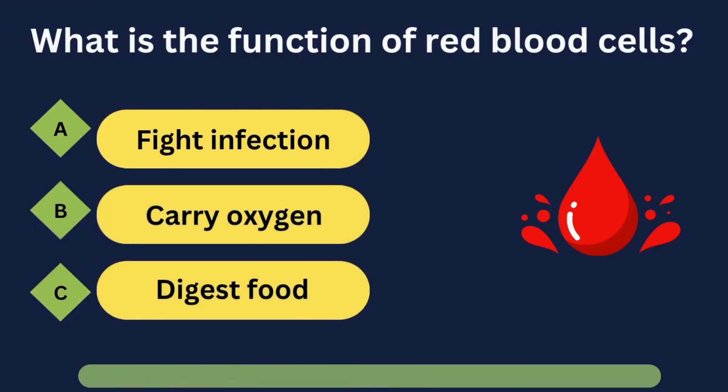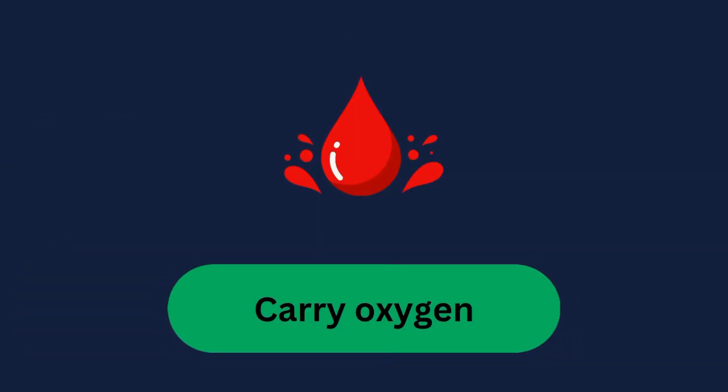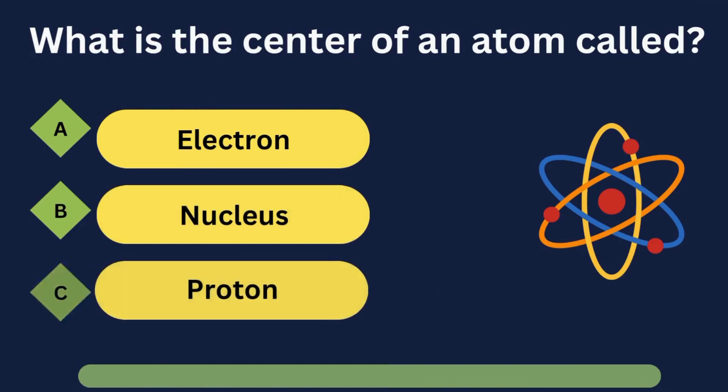What is the function of red blood cells? Fight infection, carry oxygen, digest food. What is the center of an atom called? Electron, nucleus, proton.